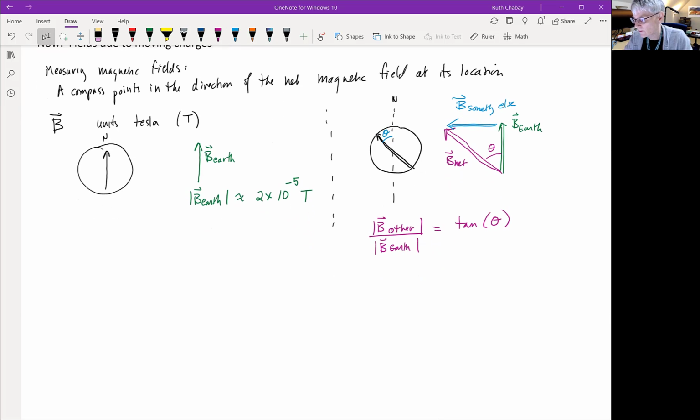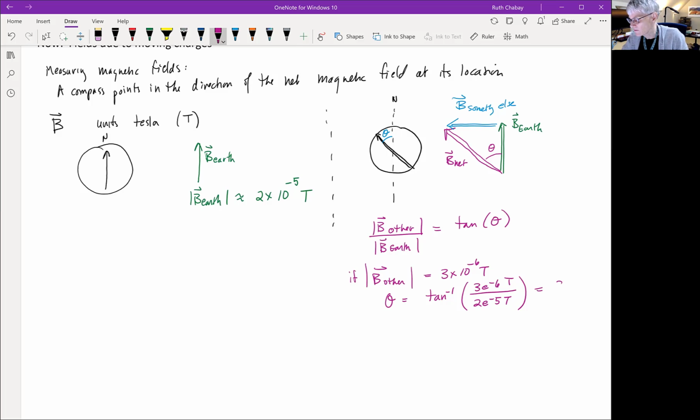And so if B other, the magnetic field made by some other thing, is 3 times 10 to the negative 6 Tesla, then theta is going to be the arctangent of 3 times 10 to the minus 6 Tesla divided by 2 times 10 to the minus 5 Tesla, which is the horizontal component of the Earth's field here.